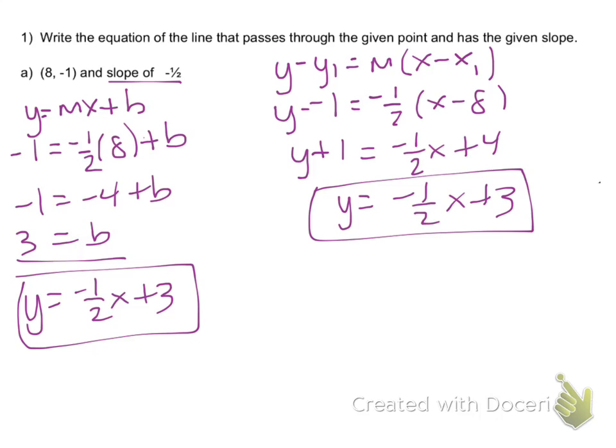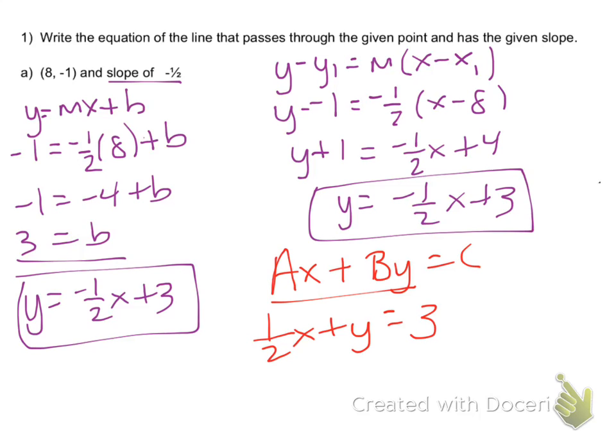Now, one other thing we might have to do is get our lines into standard form. Remember, standard form is ax plus by equals c. The first thing we need to do is get our x and y terms on the same side of the equation. If I add the 1/2 x, I'll get positive 1/2 x plus y equals 3.